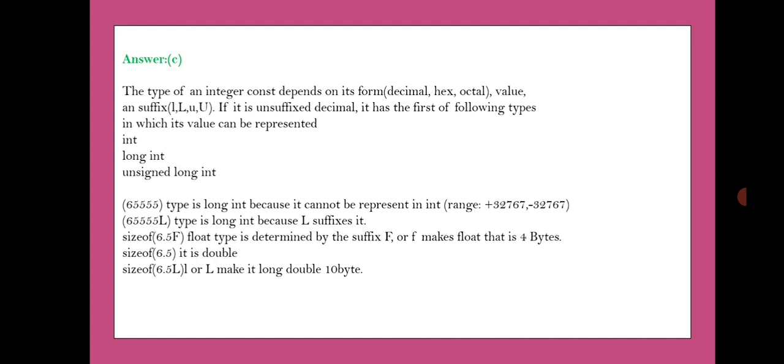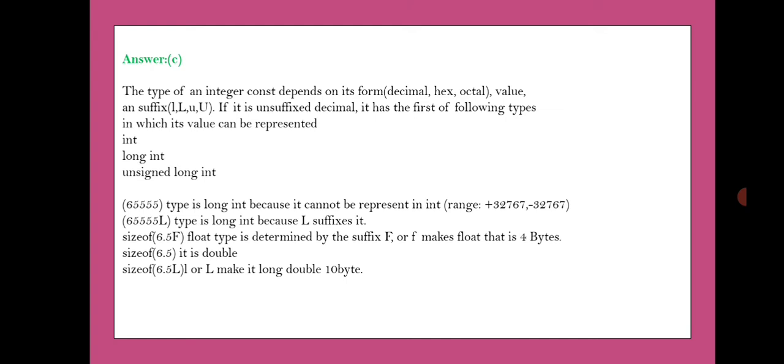So let's dissect it. 65555 is a long type integer because it cannot be represented in the range plus 32767 to minus 32767. 65555L is long int because L suffixes it.